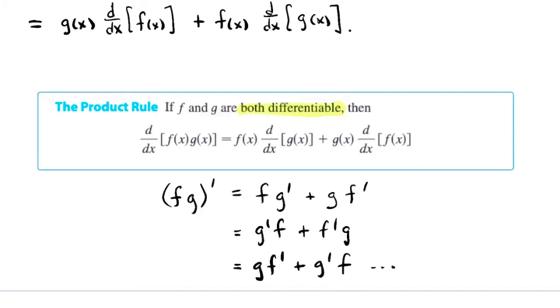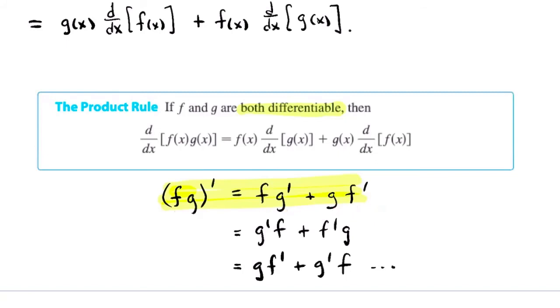I personally like to memorize it in this form because of the way I read things left to right. When I'm using this formula, I usually just write down the first factor again, and then multiply it by the derivative of the second, and then I write down the second factor and multiply it by the derivative of the first. But there's no natural order. You can write that thing in any way you like.